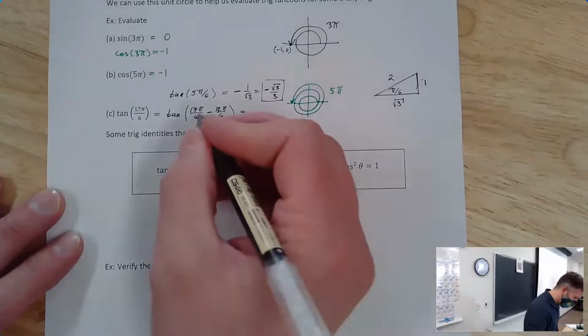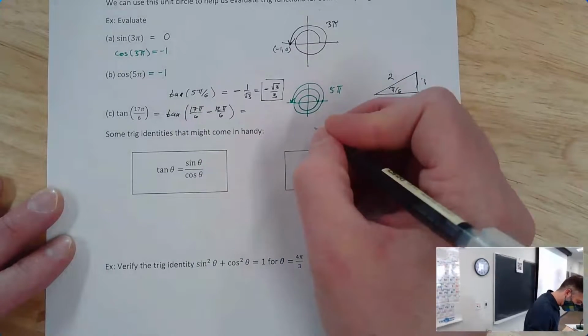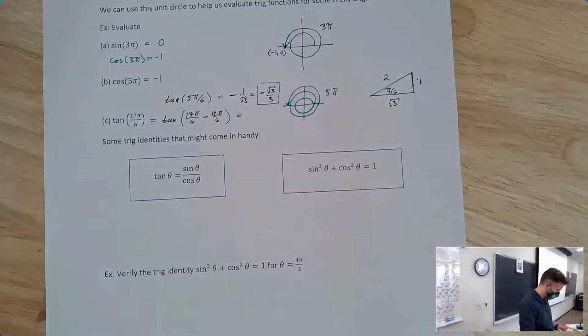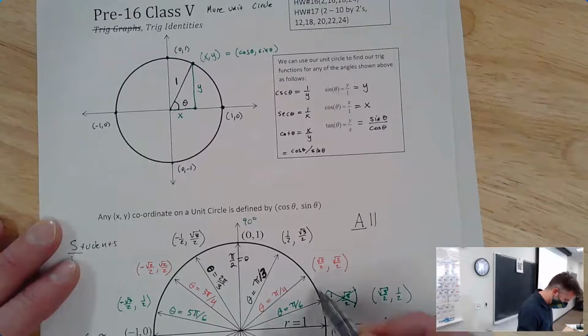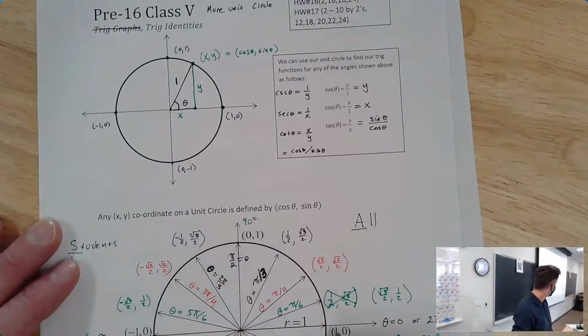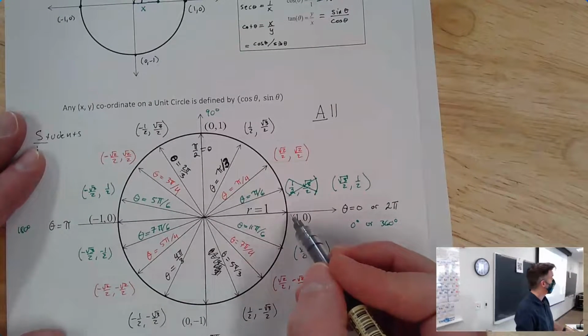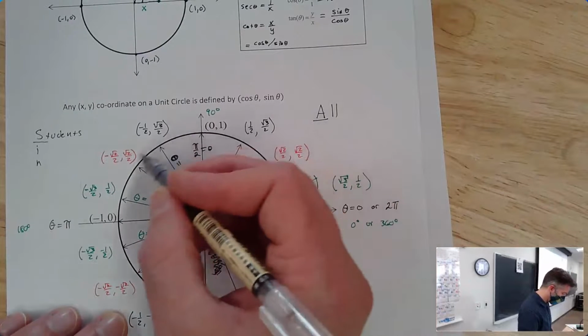So what we did there was, if you go back to the unit circle, 1 full revolution is 2 pi, which is 12 pi over 6. And then another 5 pi over 6 gets me here.